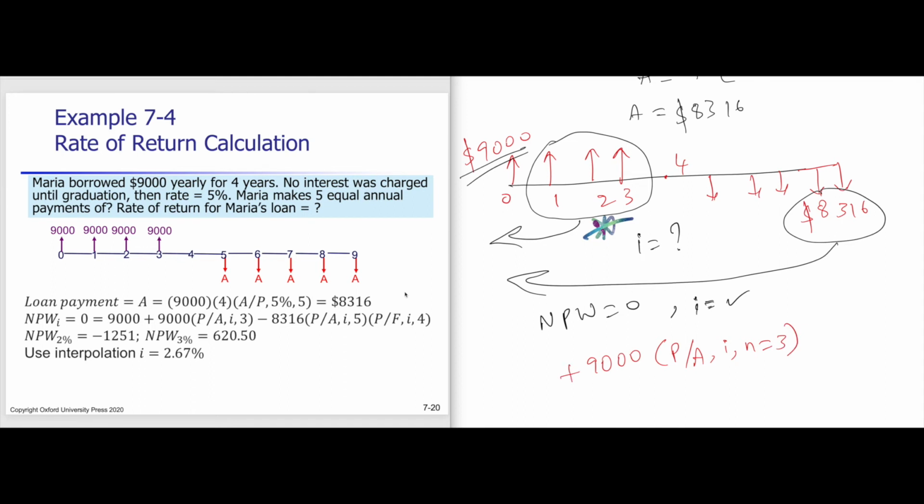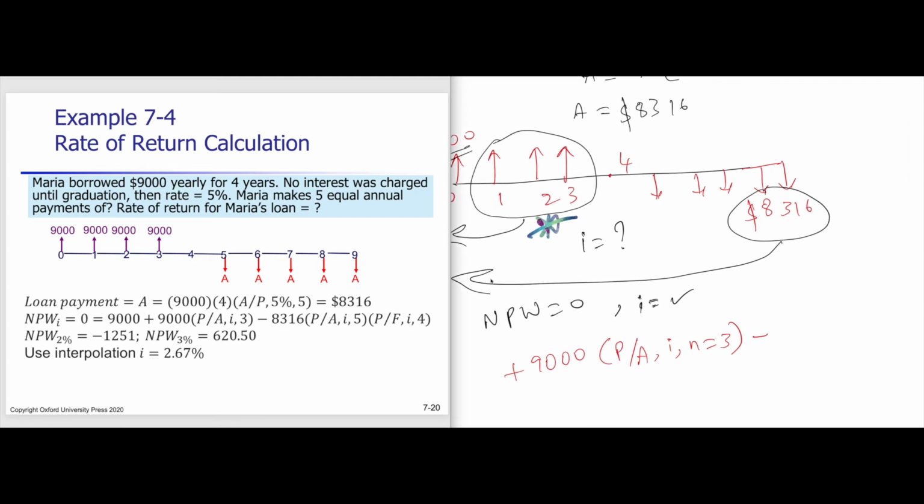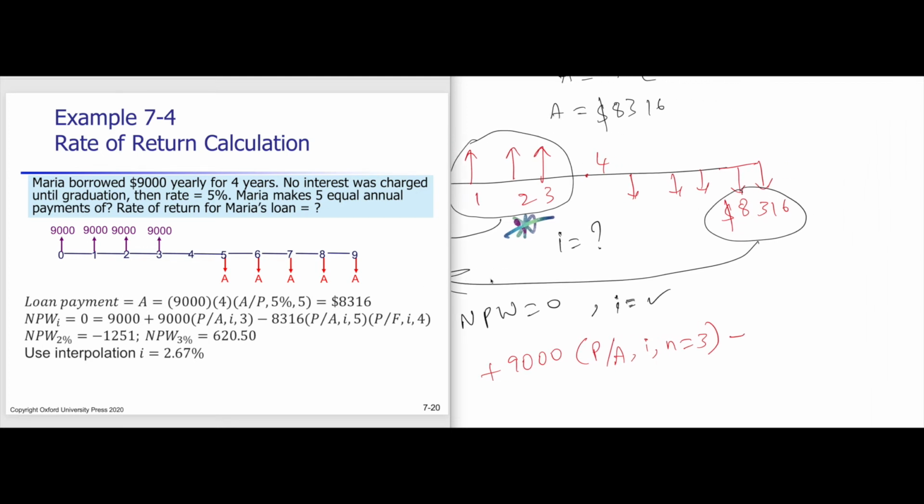And negative, and negative, we have to convert these numbers to something that is coming like that.